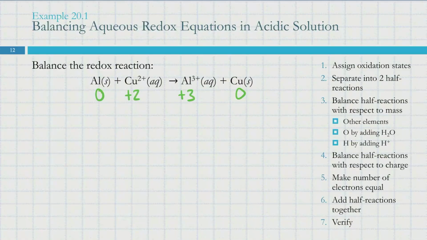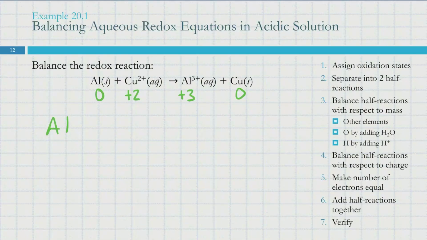Then we can identify the oxidation and the reduction half reactions. So aluminum is going from a 0 to a +3. That's increasing its oxidation state. It's also losing electrons. It's going from 0 charge to positive charge, which is the same as losing negative charge, gaining charge.